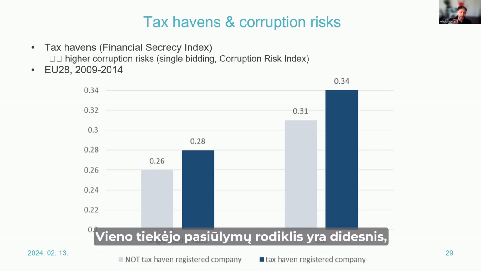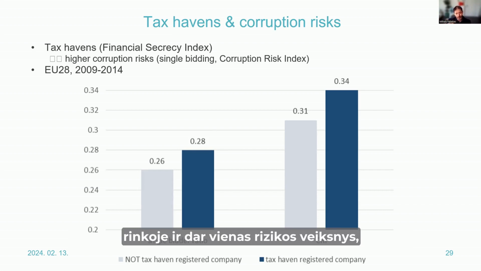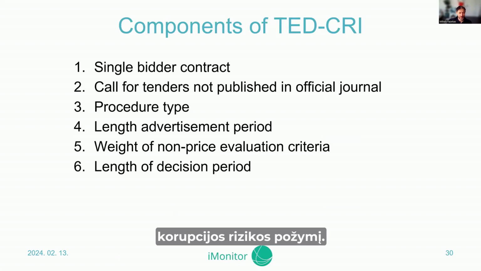Single bidding is higher when we have a company registered in a tax haven versus when a company is not registered in a tax haven. Again, the logic is single bidding on a competitive market plus another risk factor. This time, this is not tendering risk, but supplier risk. They together give us a stronger indication of corruption risk.